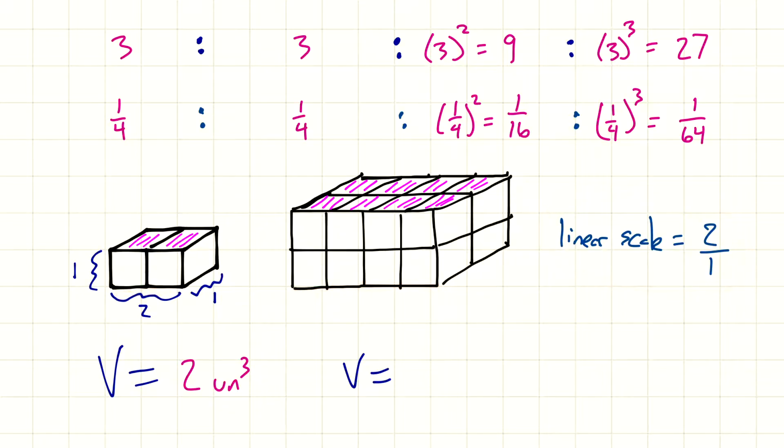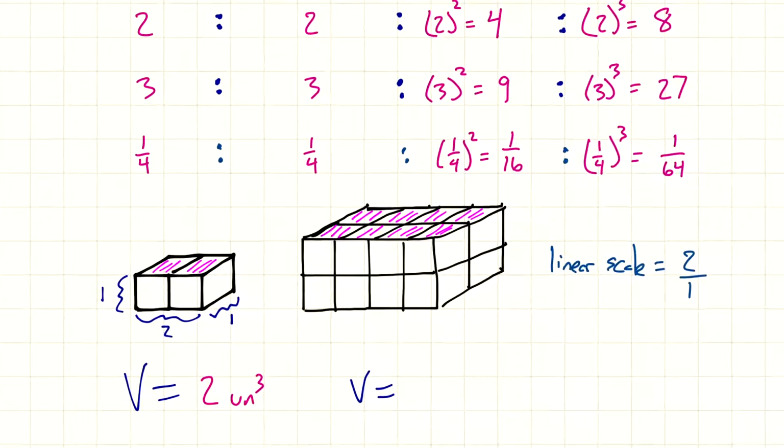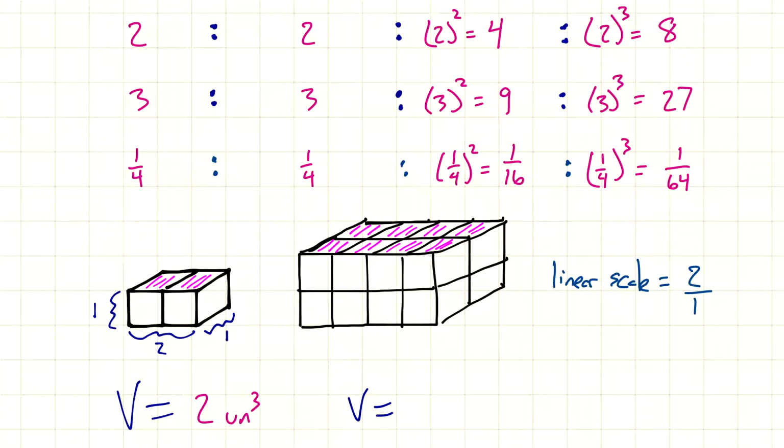If I know all the sides are twice as big, then the question is, how many more cubes are there going to be? If I remember correctly, we actually did this up on top. If its linear scale factor is 2, the volume, because cubes is volume, is supposed to be 8 times as many.